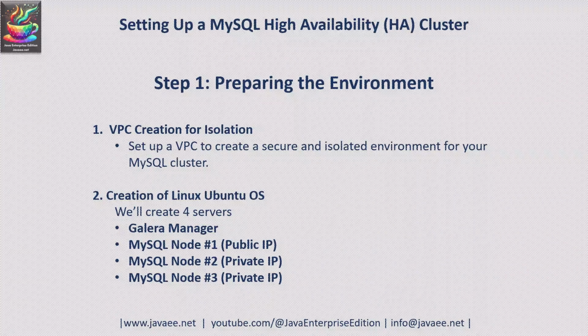But that can be turned off. Just for demo purposes, I'll be setting up one public IP on one of the nodes and keeping the other nodes with private IPs. So any server that is sitting inside the VPC cannot be accessed except the one node which has the public IP. We'll discuss more in an upcoming session.